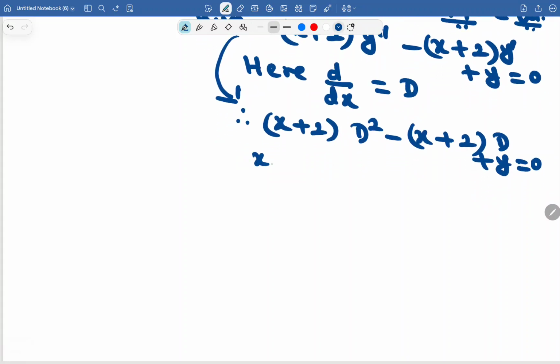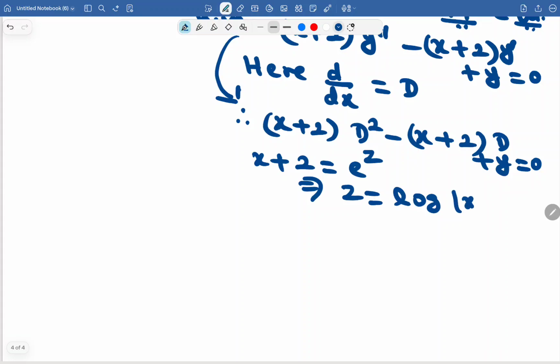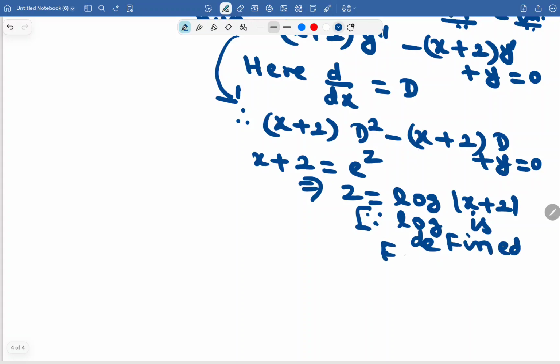Further, I am going to take x plus 2 as e power z. z equal to log modulus of x plus 2, since log is defined for positive real numbers.